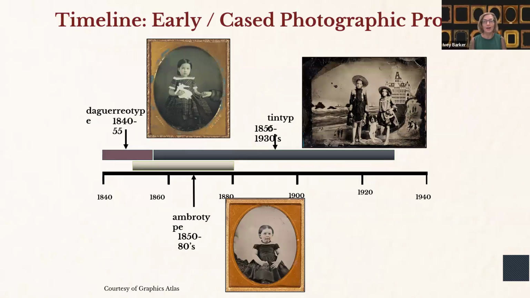This is a timeline for early or cased photographic processes, mostly cased objects. Tintypes can be in cases or not in cases. You can also find this on the Graphics Atlas and explore more about their commonalities, characteristics, and inherent vices. Next slide.